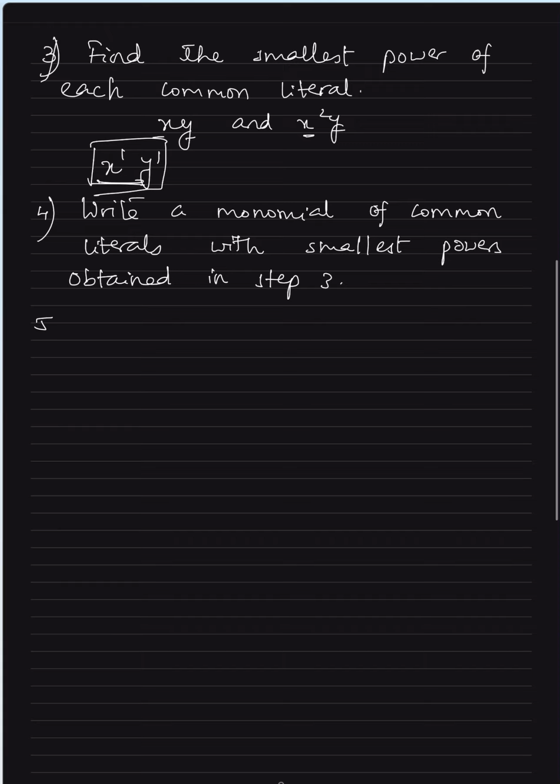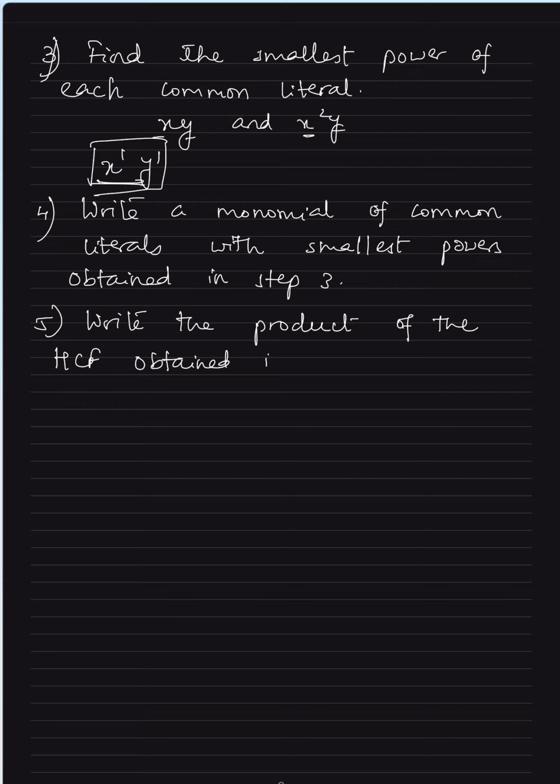Now the fifth rule is write the product of the HCF which is obtained in step 1 and the monomial obtained in step 4.